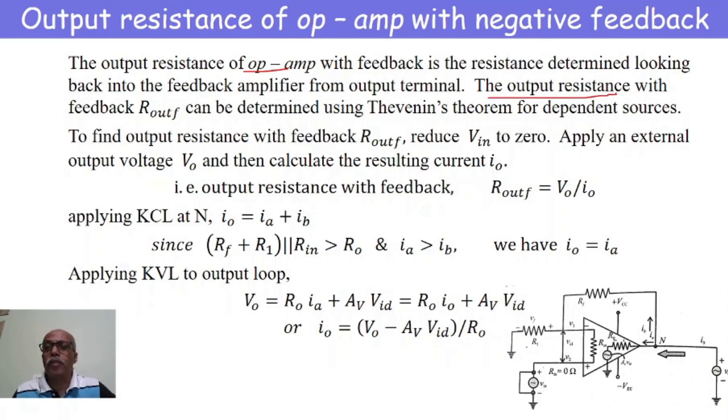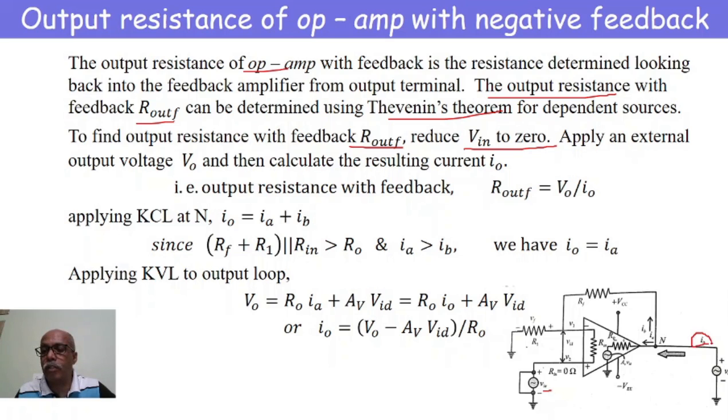Now, the output resistance with feedback is taken as Rout F, and this can be determined by making use of Thevenin's theorem. To find out the output resistance with feedback, we reduce Vin to 0. This is Vin, and this is reduced to 0. Now applying an external output voltage V0, we calculate the resulting current I0.